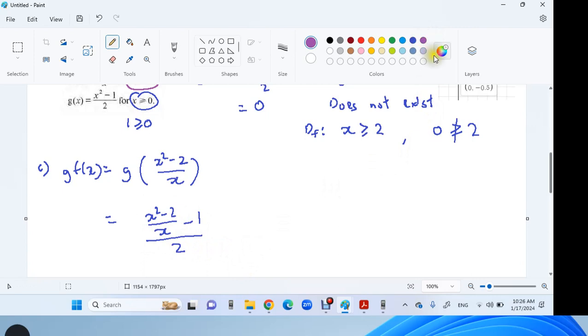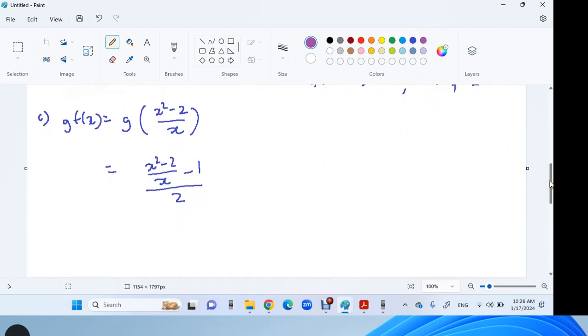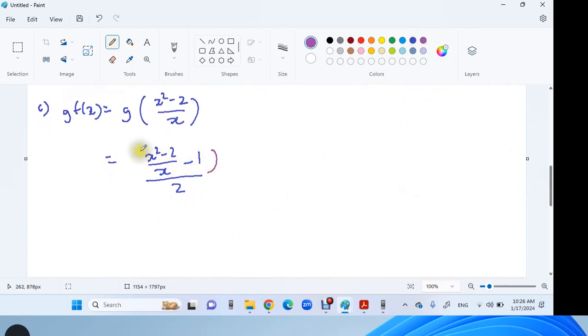To simplify, we multiply by x here and here, so it becomes x squared minus 2 minus x over 2x.